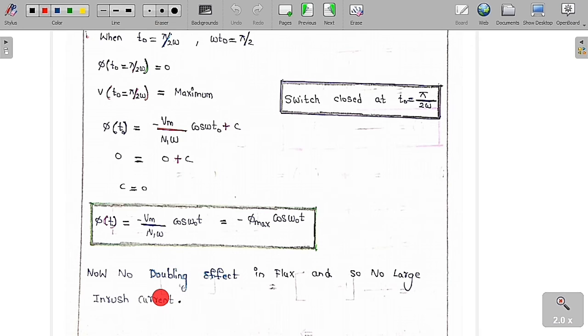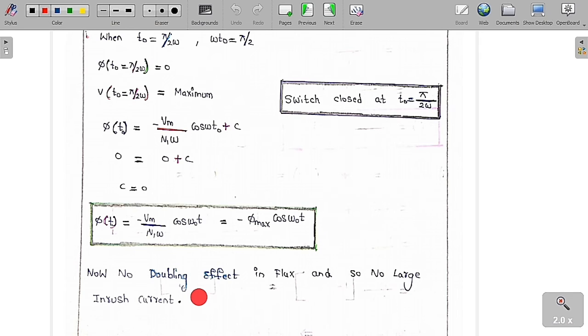Because of current only the flux is produced. If the flux is very high, the magnetizing current is also very high. Here the magnetizing current itself is equal to the no load current at the no load condition. So simply we can say that if there is no doubling effect, there is no high amount of induced current.